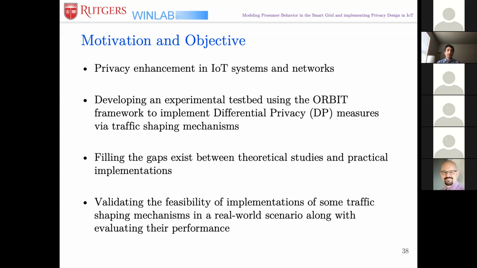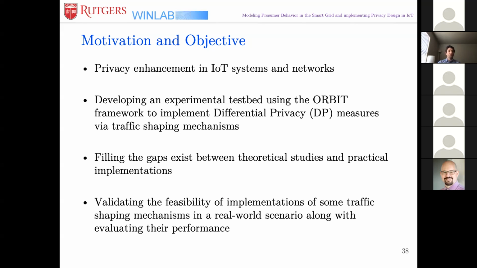Traffic shaping can be an effective method to protect privacy in IoT systems, so we have considered this technique for our real-world scenario. In response to this, we developed an experimental testbed to implement differential privacy measures via traffic shaping mechanisms designed for different optimal criteria.